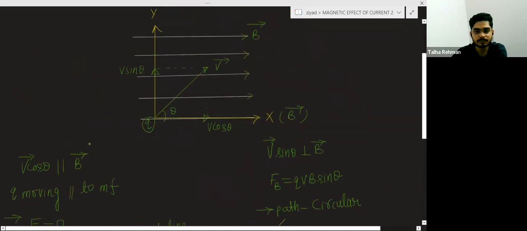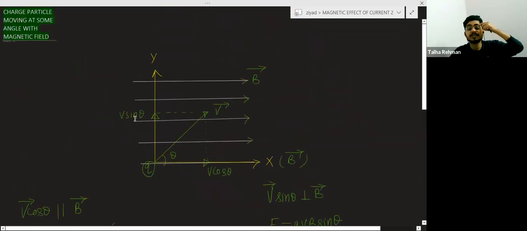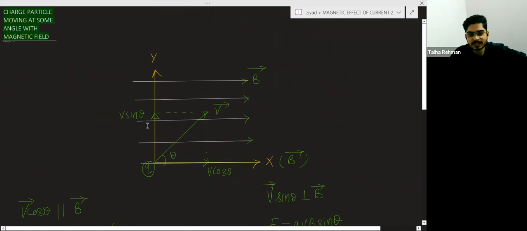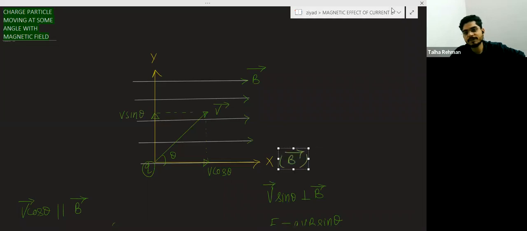Now see this component. This component is v sin theta. This component is perpendicular to the magnetic field. You can say that this time the velocity is perpendicular to the magnetic field.